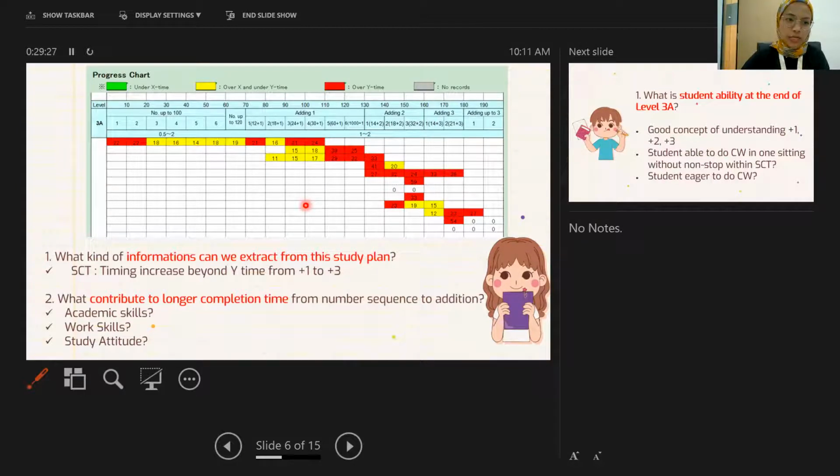If the student, let's say in 17, 18 minutes, only does half a page, half a set only, what would be your next instruction plan? Will you let the student continue with guidance, or let him finish on his own?